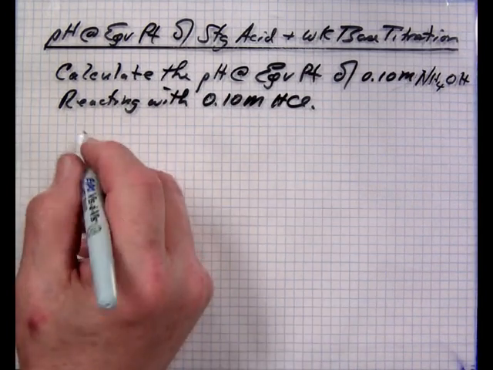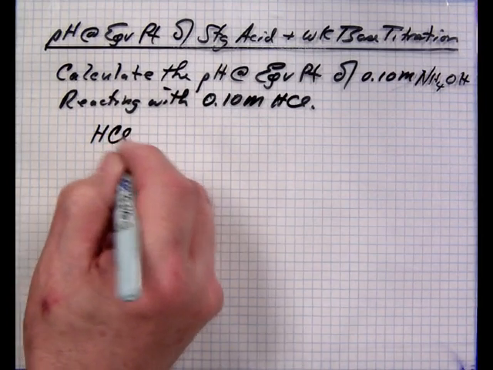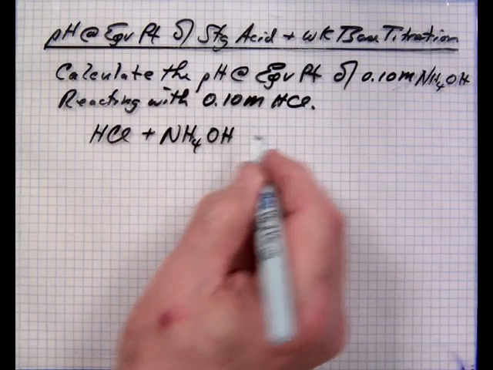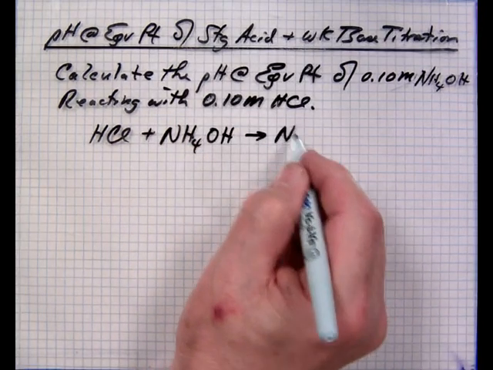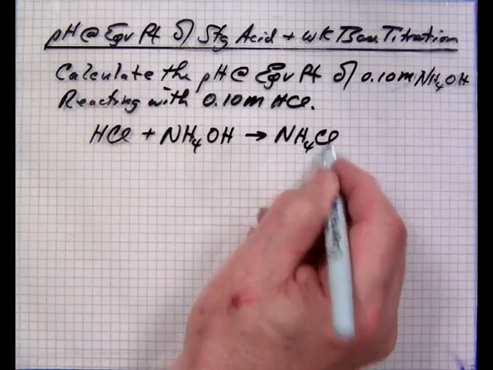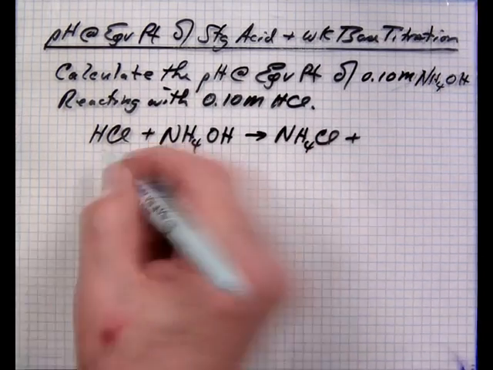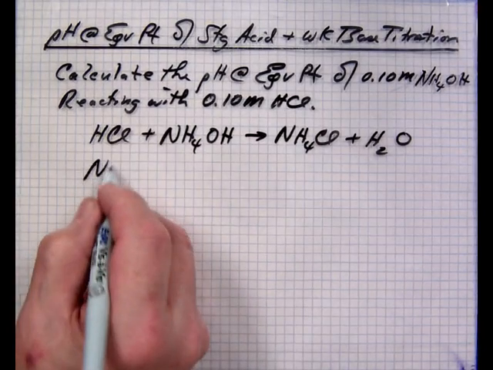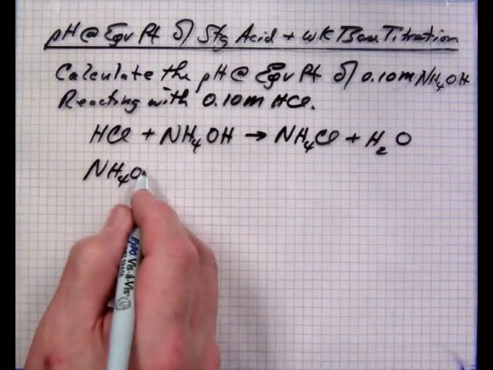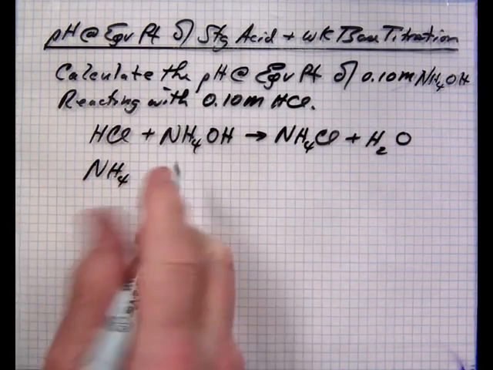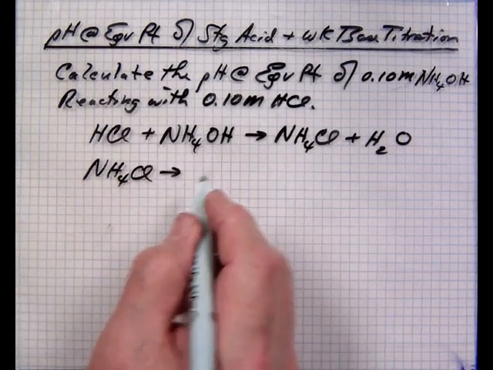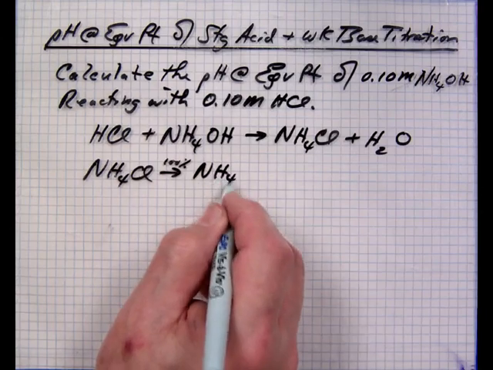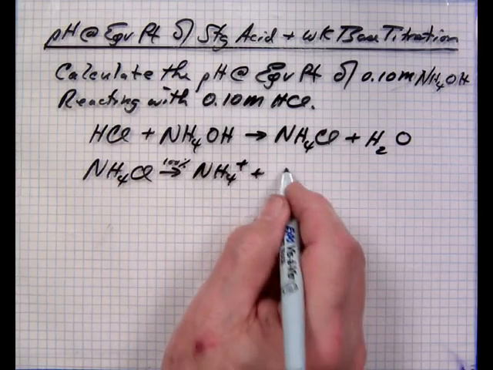So if we look at adding the strong acid into ammonium hydroxide, we find that it produces NH4Cl, a salt, at the equivalence point, and water. So if we consider NH4Cl, it ionizes 100% to NH4+ and Cl-.